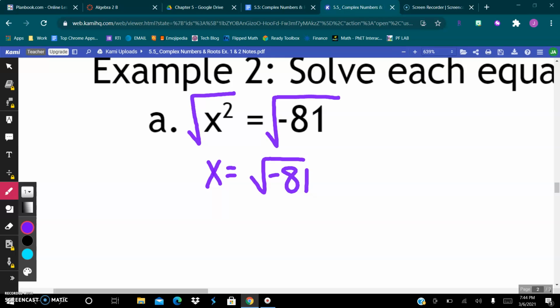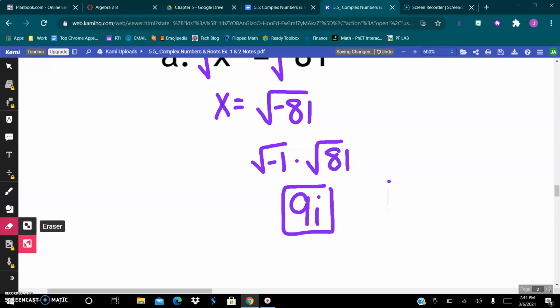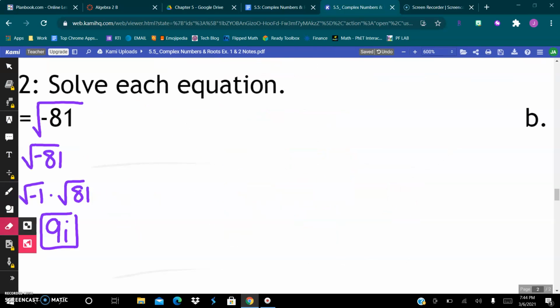So we're going to break that negative 81 down. We have the negative sign, which represents a negative 1, and we have 81. Well, the square root of 81 is 9, and the square root of negative 1 is i, so we have 9i. Don't put the i in front. That's just not right.